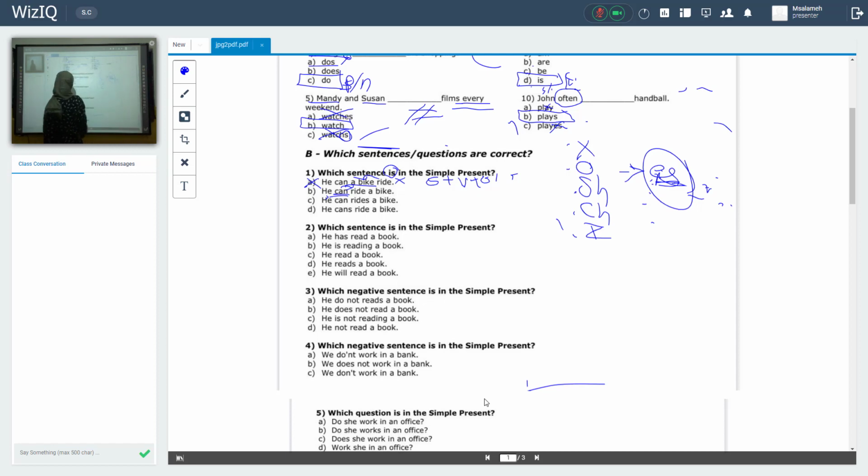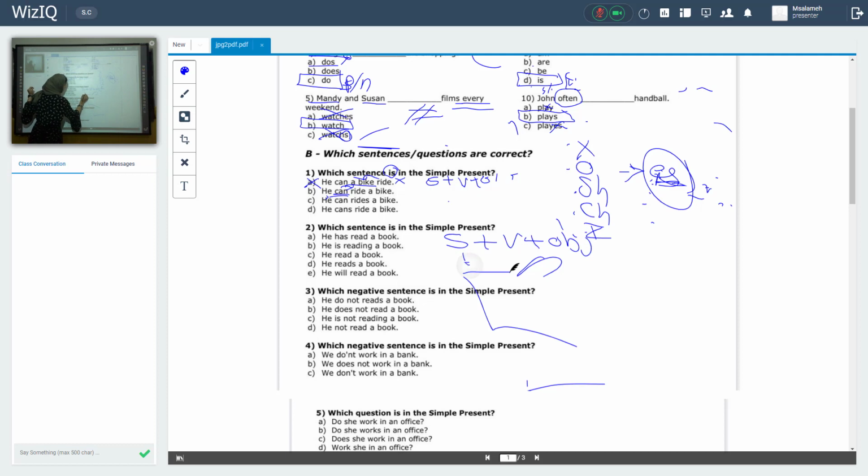Okay, which sentence is in the simple present? He has read a book. He is reading a book. He read a book. He reads a book. He will read a book. Okay, number one. I know the form of the simple present tense: subject plus verb plus object.